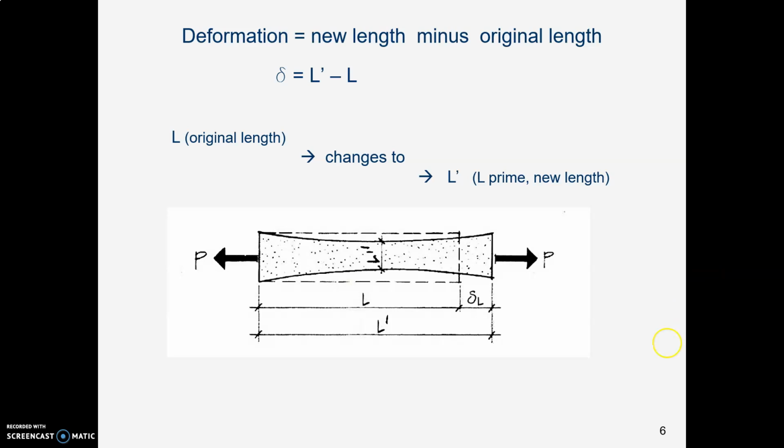You could figure out the deformation by doing the new length, call that L prime. So that apostrophe there, we say that prime. So the new length, L prime, minus the original length, L, is the amount of deformation.